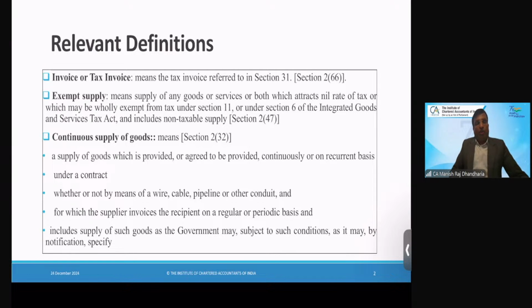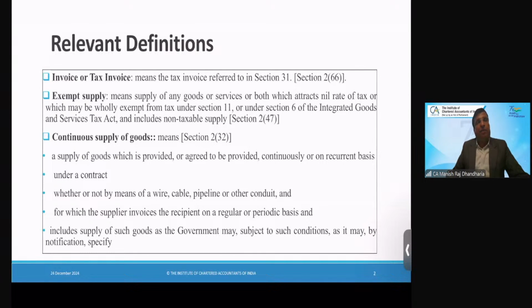Okay, now the next point is continuous supply of goods. This also you might have studied in the earlier class while discussing the time of supply concept. So continuous supply of goods means under a single contract, when there is continuous supply of goods, in installments, you can say, or on a regular basis, some goods are supplied.